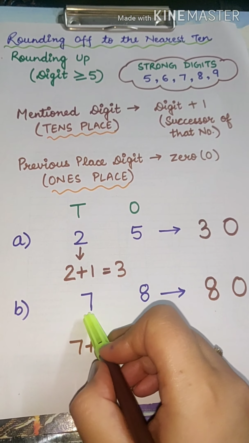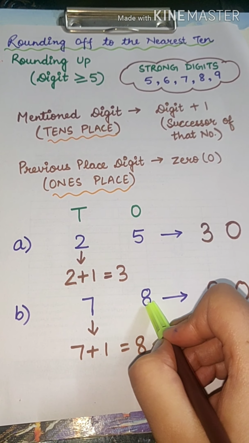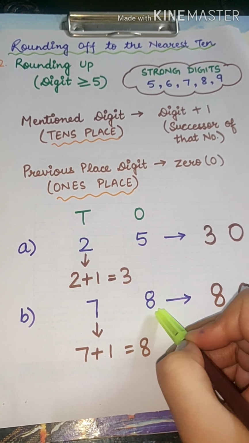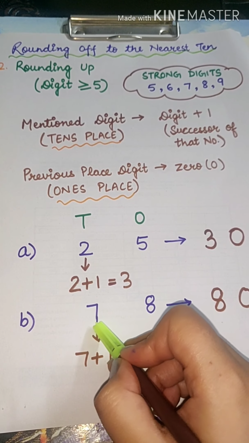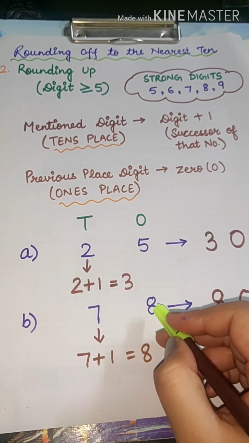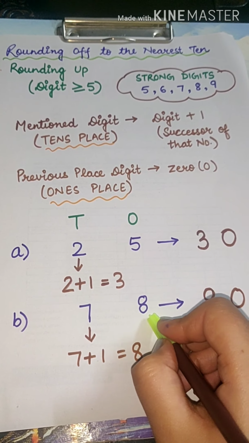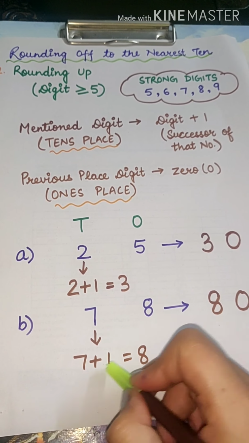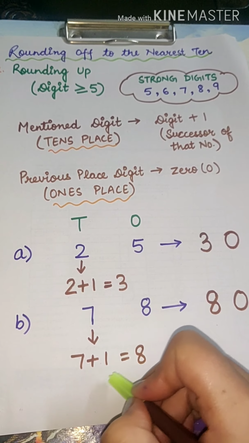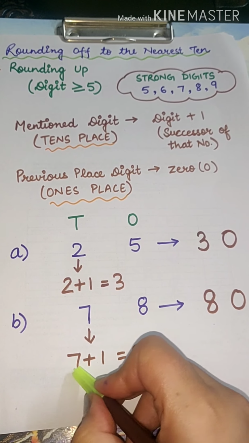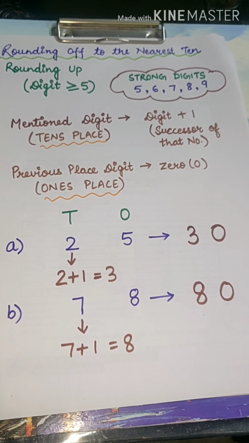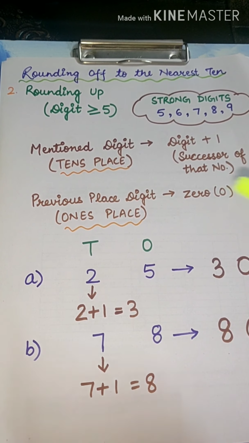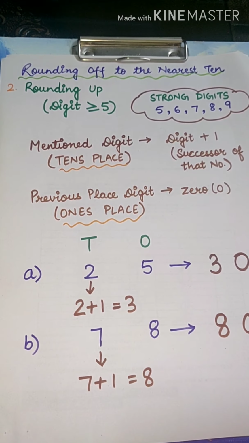Alright. Now come to 78. In this again 8 is a strong digit, so it has pushed up this digit and there is no power left, so it will become 0 and this will become 8, as we are adding this 1 to this 7. Alright. So kids, I hope this second rule is also clear to you.